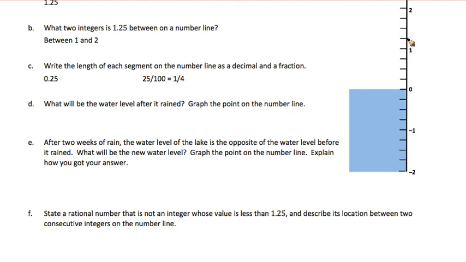This was our 1 and 25 hundredths here. We want something less than that. So if we selected this point right here, that would be 75 hundredths. And 75 hundredths is between 0 and 1. Our integers, you'll notice, are on the right.